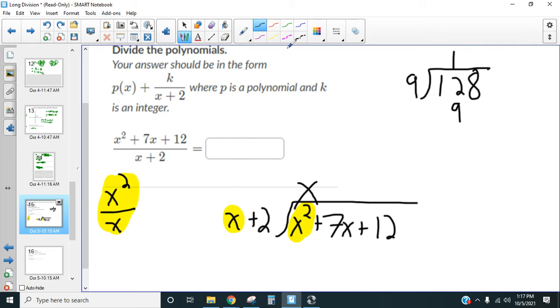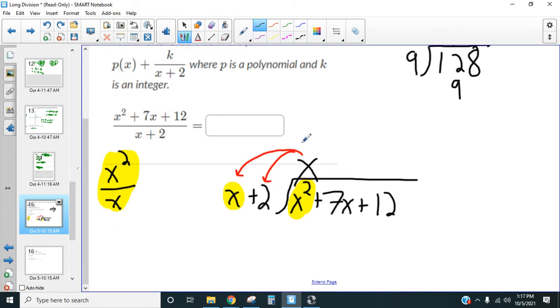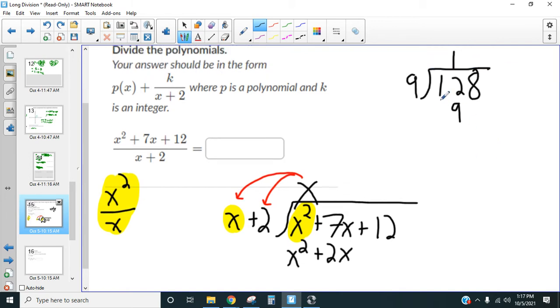So let's do this. We're going to multiply. x squared. Let's distribute. So x times x is x squared. x times 2. Back to our numerical example up top here. What did we do with that 9 once we knew it was 9? And then we drop down the 8, right? Okay, that was 2 steps in one.